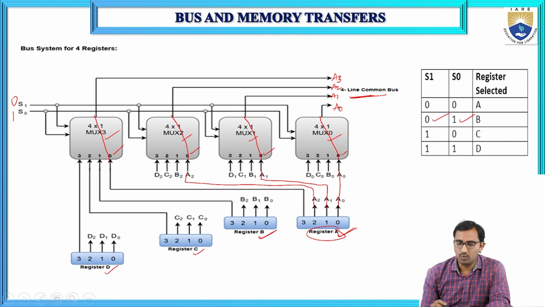Similarly, if you want to transfer the register D data, then we have to choose the selection lines as 1, 1, so that the register D data will be transferred to the other device or other register through this 4-line common bus. So this is a common bus system using the multiplexer.